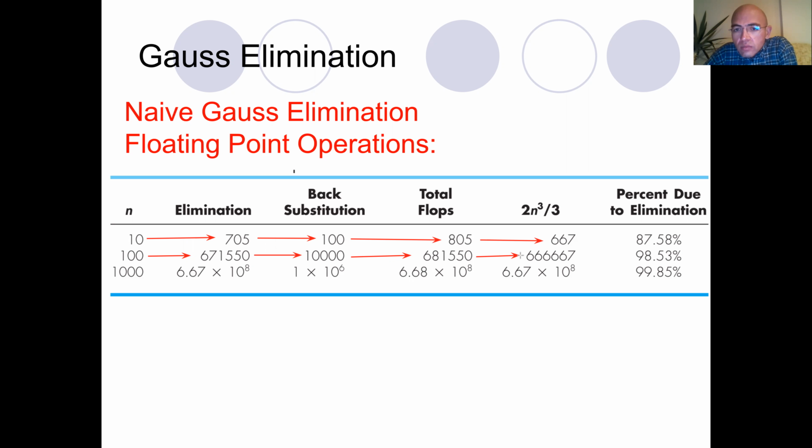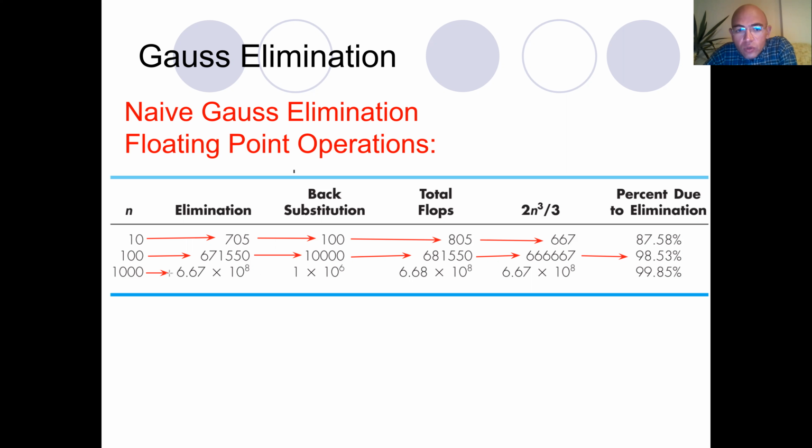So 2n cubed divided by 3, this is the approximation, is due to the elimination. This basically means that you do 98.53% of the operations for the elimination.